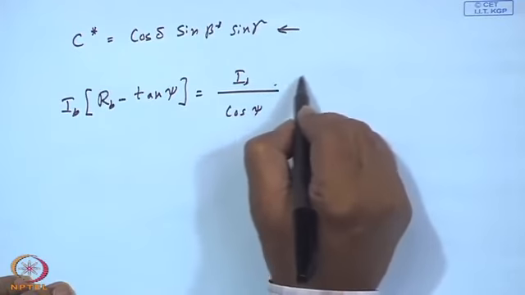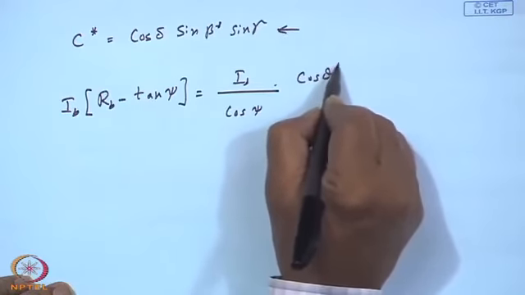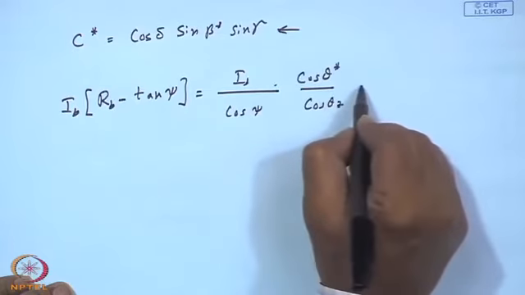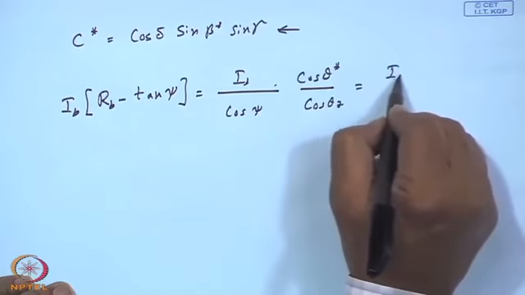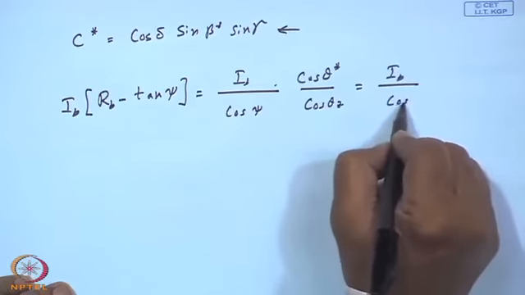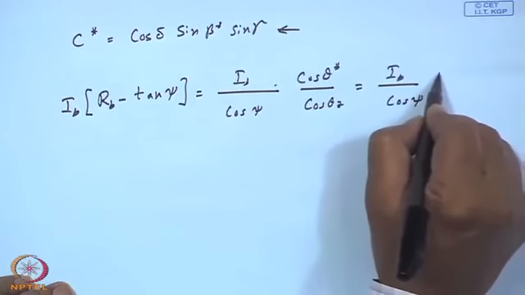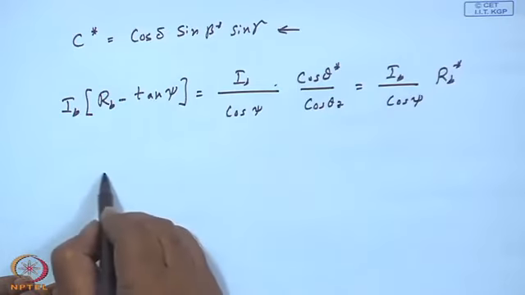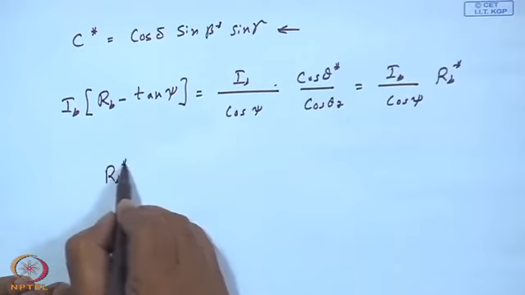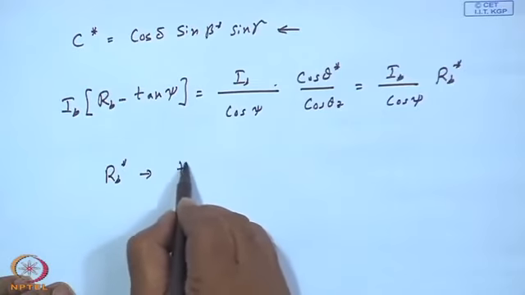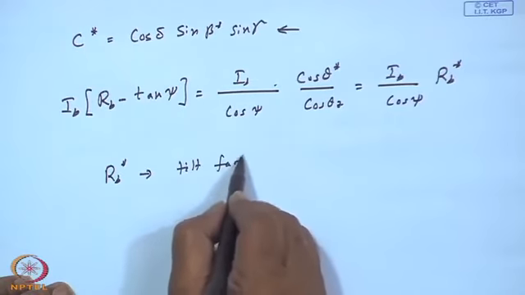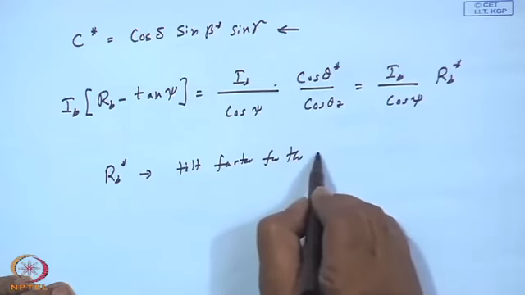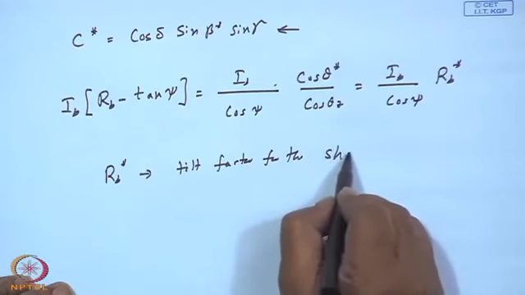Cos psi is that angle, you remember that, cos theta star by cos theta z, which will be equal to IB by cos psi times RB star. So, this RB star is the tilt factor for what we call the shading plane.